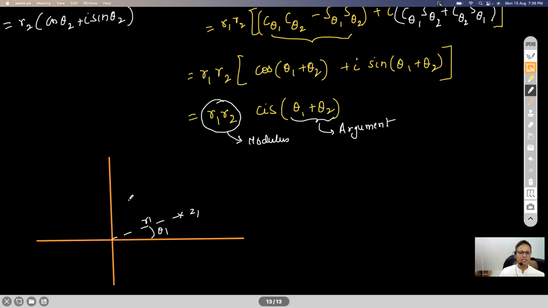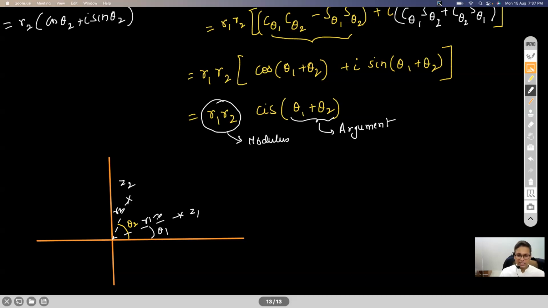And there's another complex number, I'm just taking some arbitrary positions, whose distance from the origin is R2 and angle is theta 2. Where is Z1 into Z2 located? This gives you an indication that Z1 into Z2 is located at a distance of R1 into R2. That means take the product of the two distances.